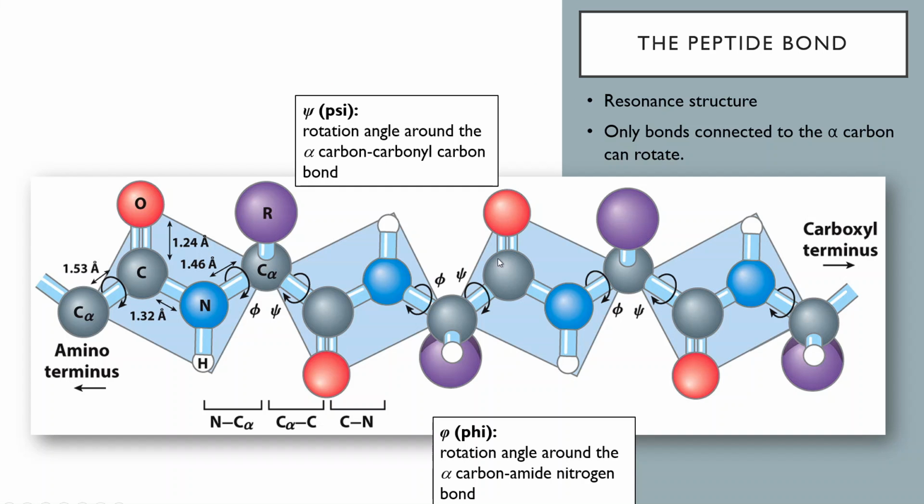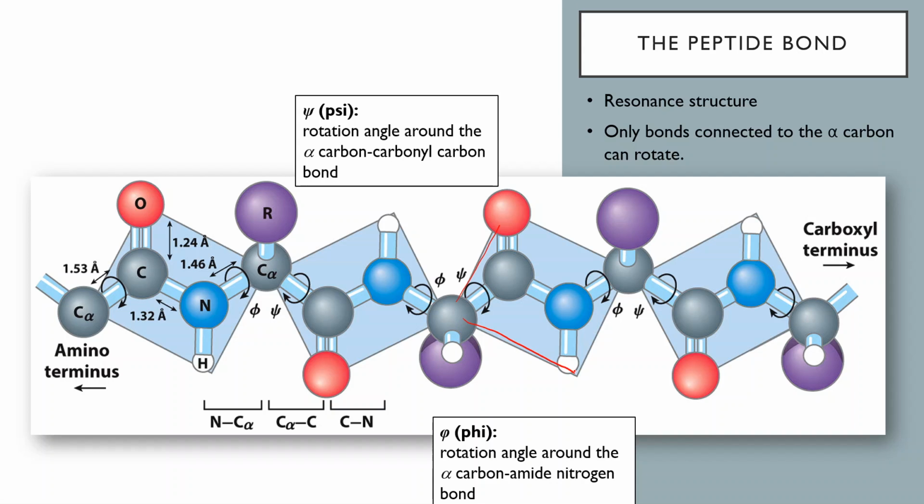So if we visualize the protein this way, here we've got a chain of 1, 2, 3, 4, 5 amino acids. You can see the alpha carbons, the R groups, and then the peptide groups as well. Again, that rectangle has been drawn over each peptide group to show that all 4 of those bonds lie in a single plane.